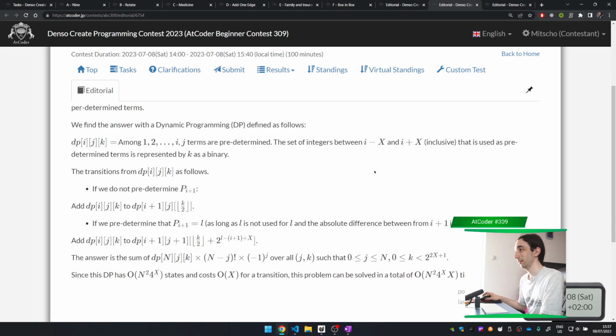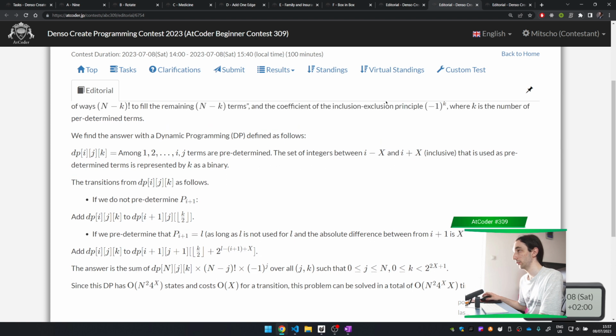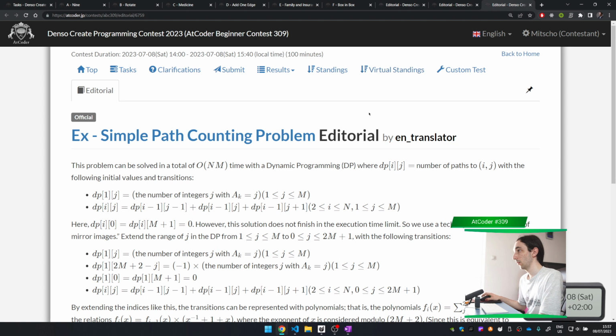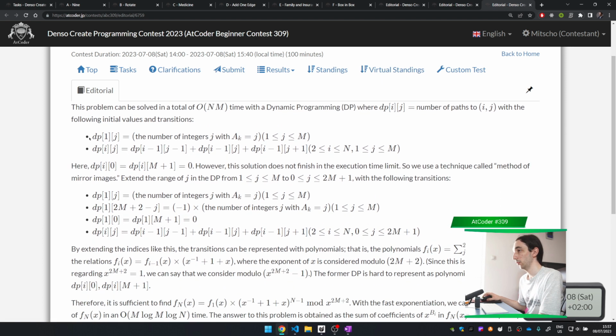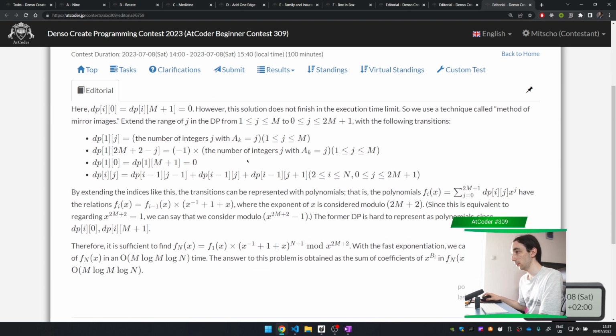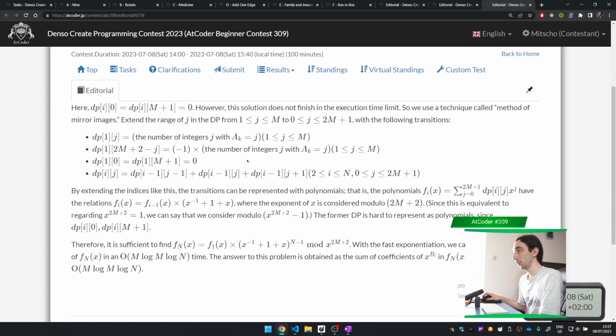Yeah, I kind of see this inclusion-exclusion, but I have to go over and prove this for everything. This case is used for the inclusion-exclusion. It's a simple path counting problem. Okay, so for the DP we know that the transition can be represented with polynomials, that is the polynomial of the sum of some DPs.